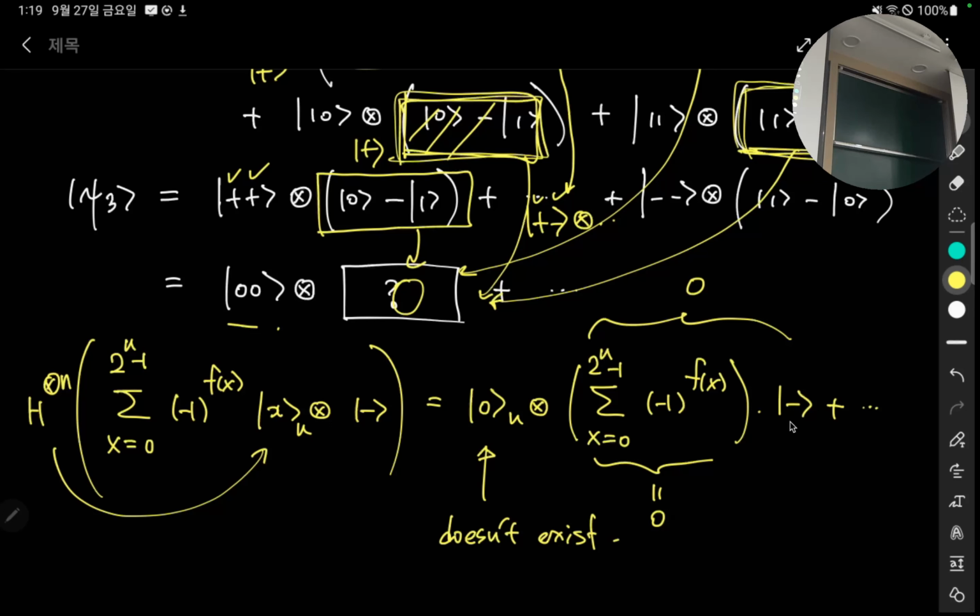Yes, basically that's it. So there are only 2 cases. Either the state of the input register has the 0 base state or none. Then it means that it is balanced or constant. So when it's all 0, it's constant. When there's no 0, it's balanced.